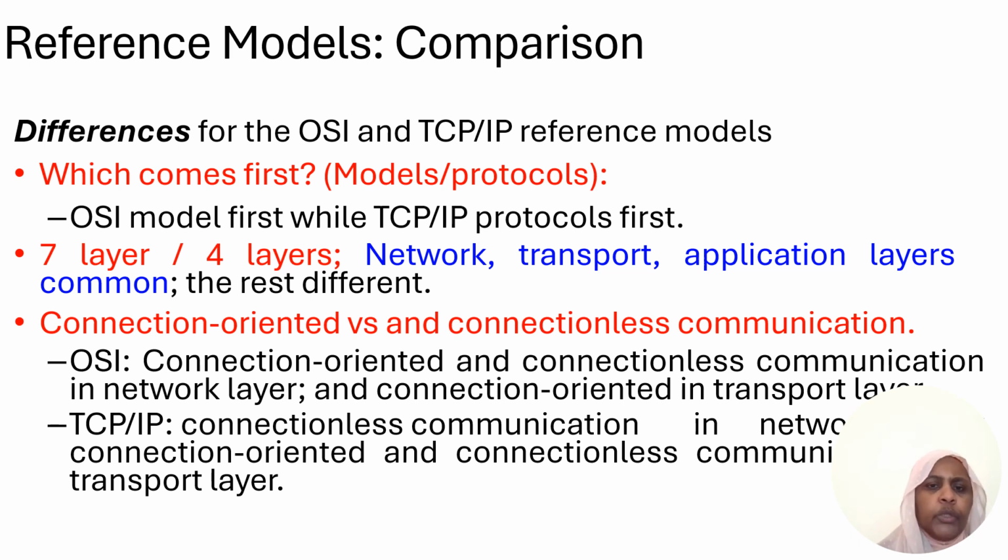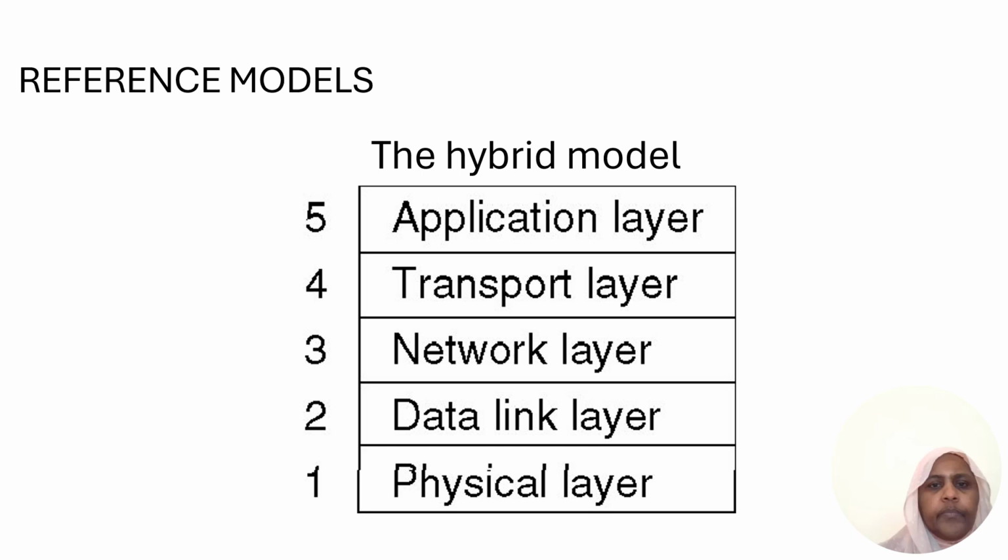In the OSI reference model, connection-oriented and connectionless services are provided by the network layer, and connection-oriented services by the transport layer. Whereas in the TCP/IP reference model, connectionless service is presented by the network layer, and there are connectionless and connection-oriented services in the transport layer.